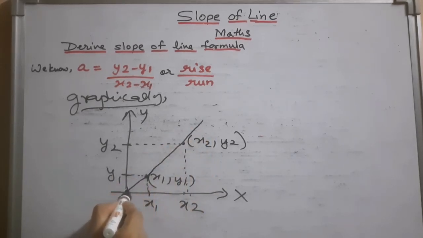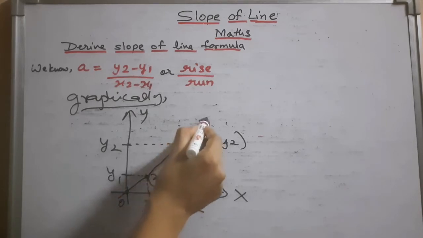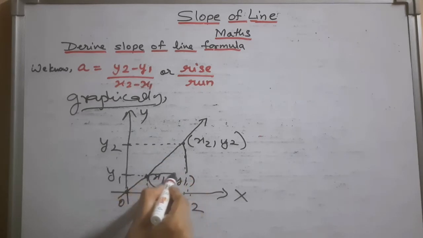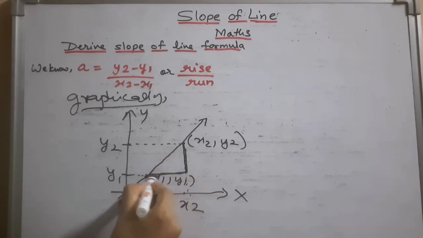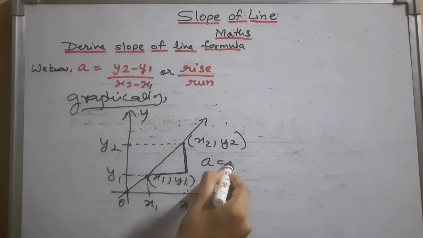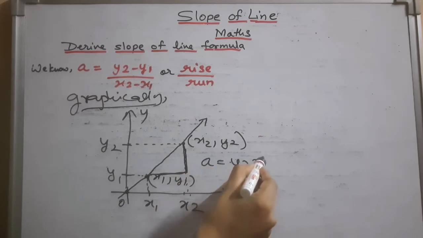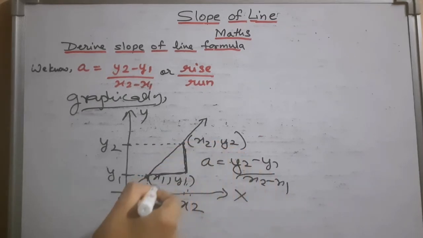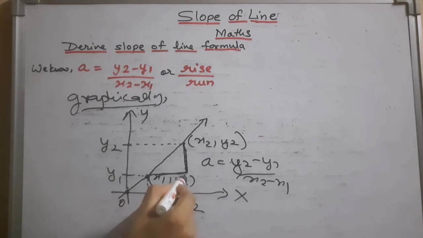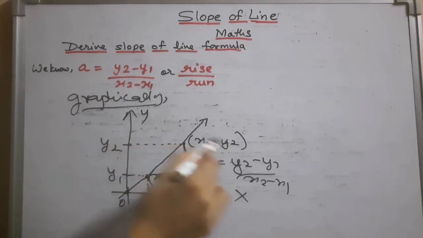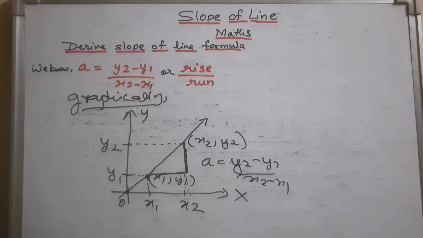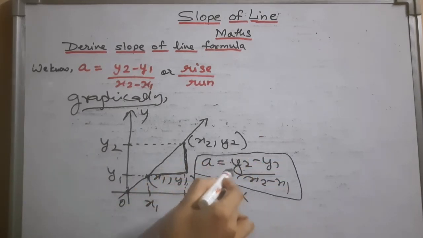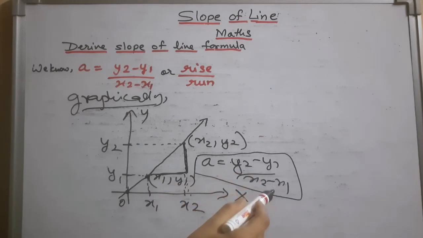We'll join the line. This is our origin O and this is our straight line. So this will be our slope of the line. So here we can write A is equal to y2 minus y1 by x2 minus x1. So this is our graphical diagram to prove this formula. A is equal to y2 minus y1 by x2 minus x1.